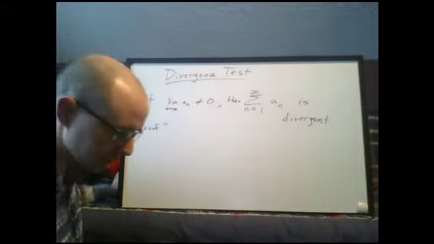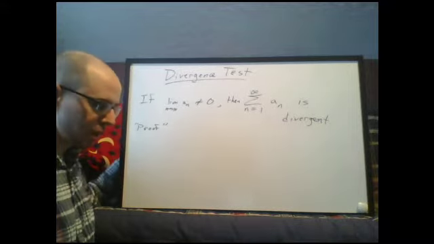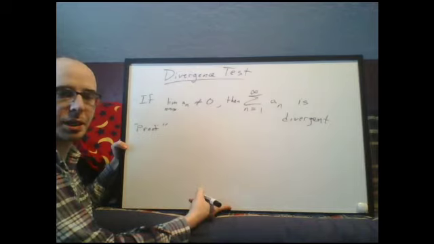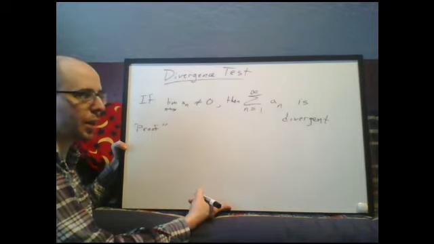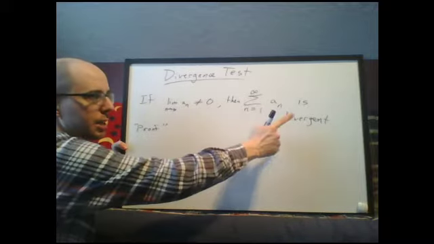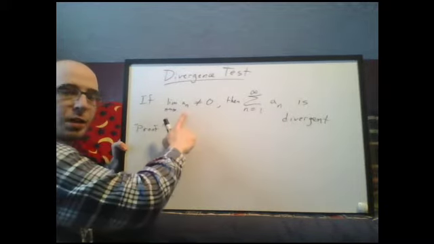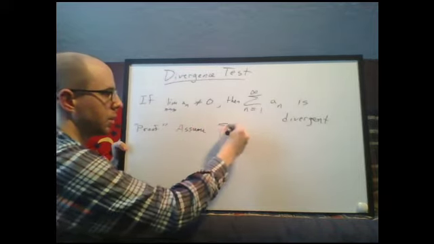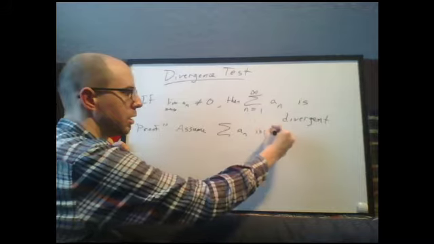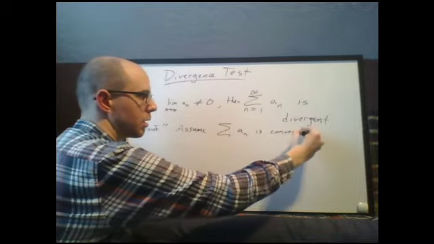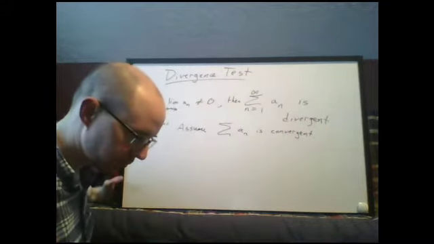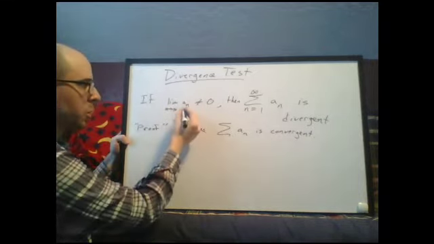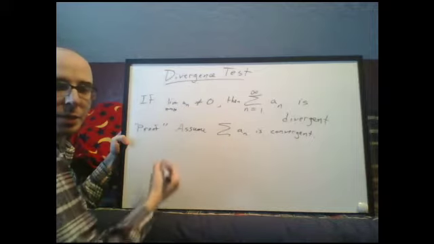In the interest of space, this is going to just be a rough sketch. The way we prove this is by proving its logically equivalent statement called the contrapositive, which means I say this conclusion's not true and then prove the opposite of this. So we assume that the series is convergent, and I want to show that the limit of a_n has to equal 0.